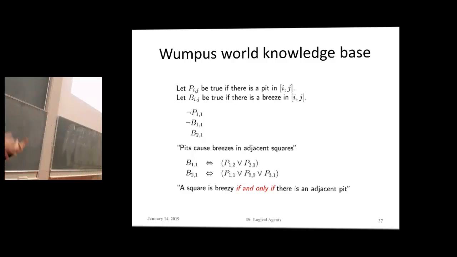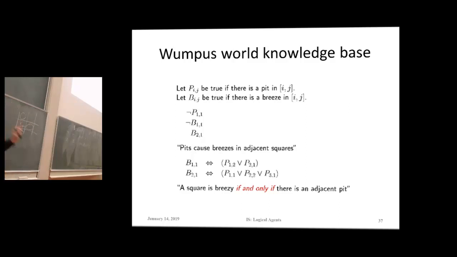And then we can, in this language, define the rules of the game. We can, for example, say that if there is a breeze in 1-1, then this is equivalent to there must be a pit in 1-2 or in 2-1. So basically, remember that we're still in this little corner down here. And so if we have a breeze in 1-1 here, then here must be a pit or here must be a pit.